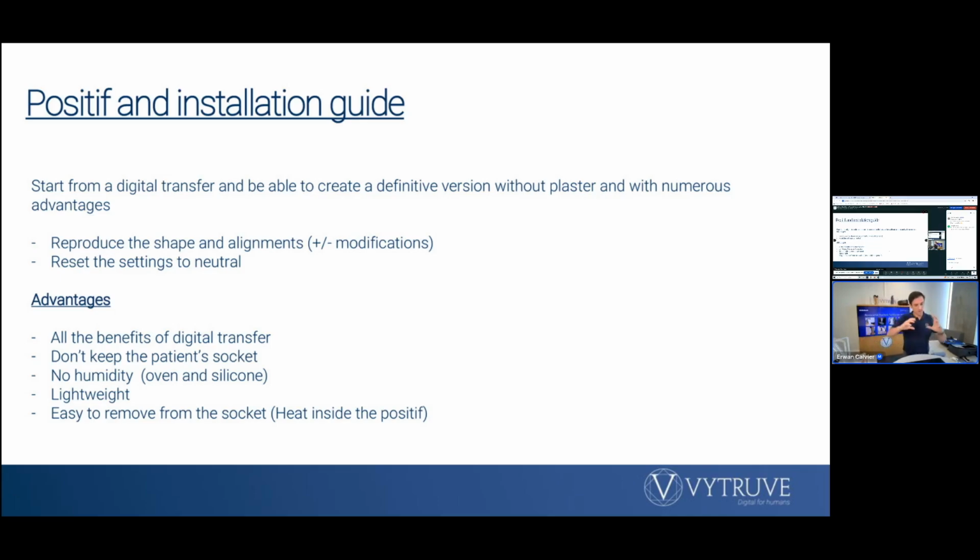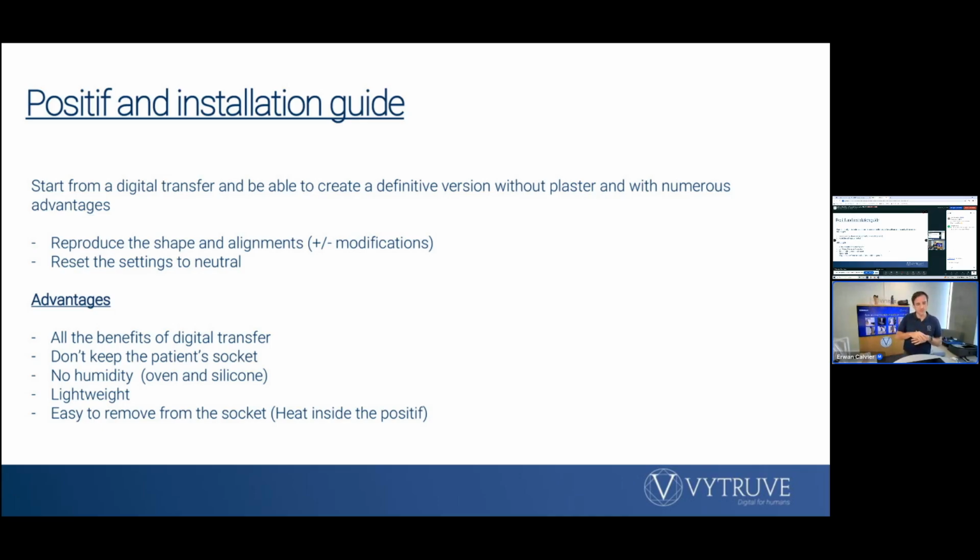So with the positive and installation guide, you will reproduce the shape and the alignment that you have in your V-transfer. What is also good, Vytruve will reset the setting at neutral. So if you adjust the alignment with your screw, Vytruve will put everything at 0 to adapt this. So you will have other adjustment when you are going to deliver your socket.